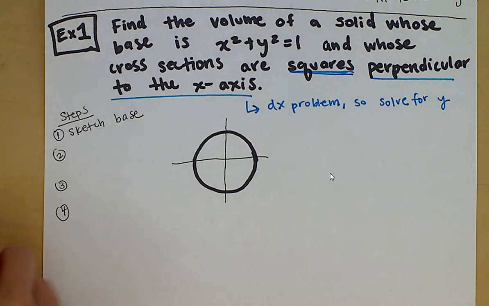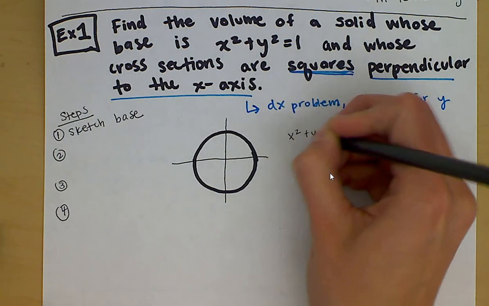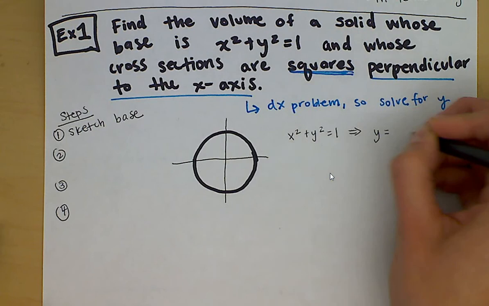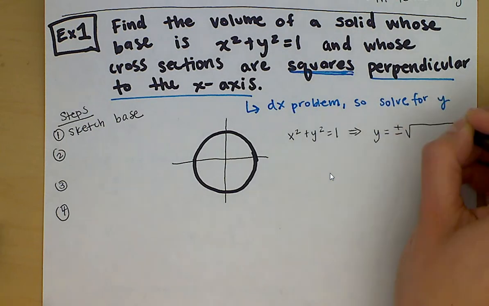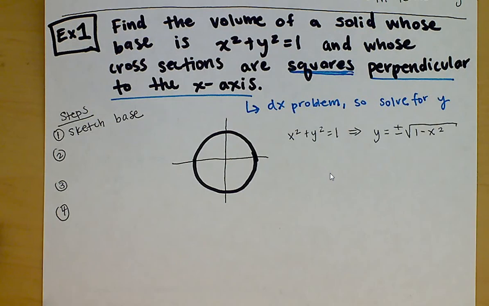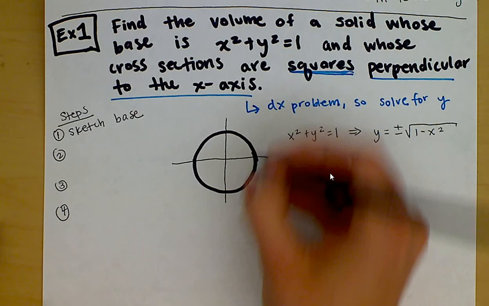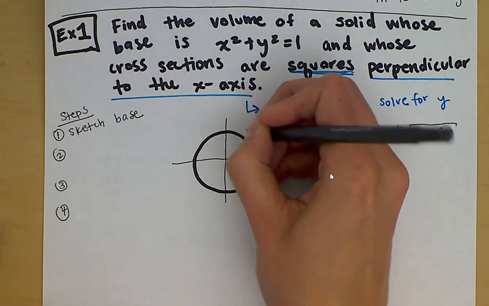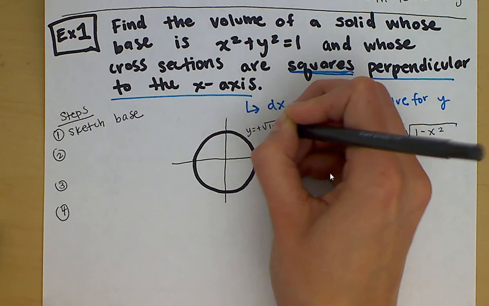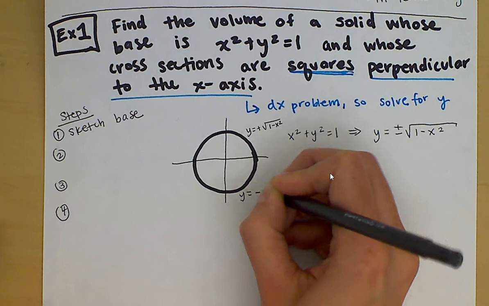Basically, x squared plus y squared equals 1 will give me y equals plus or minus the square root of 1 minus x squared. So I have two equations. I have this top one, which is y equals plus square root of 1 minus x squared, and the bottom, which is y equals negative square root of 1 minus x squared.